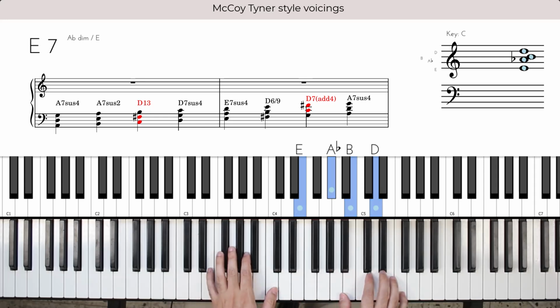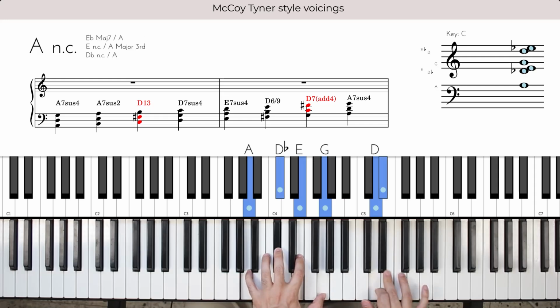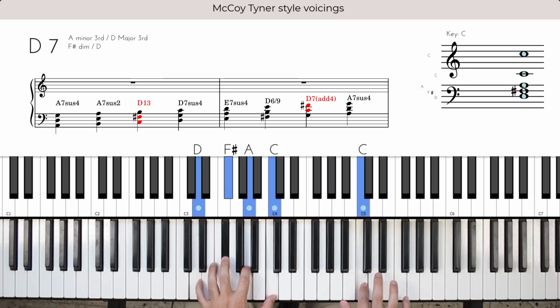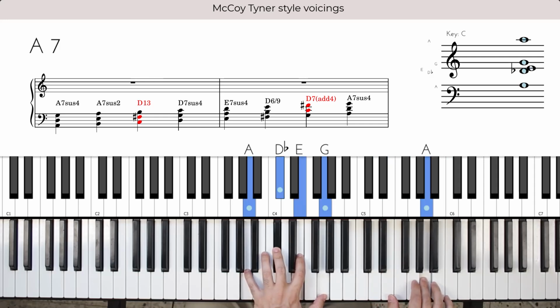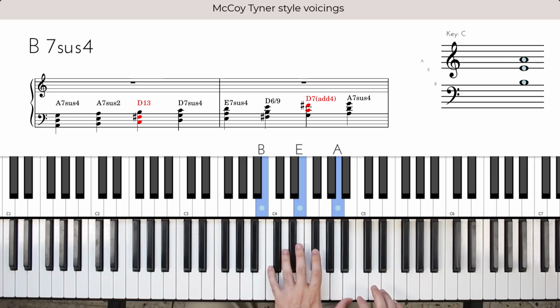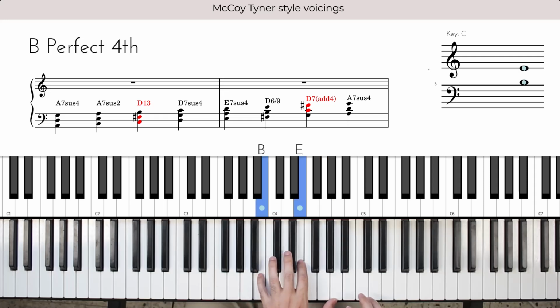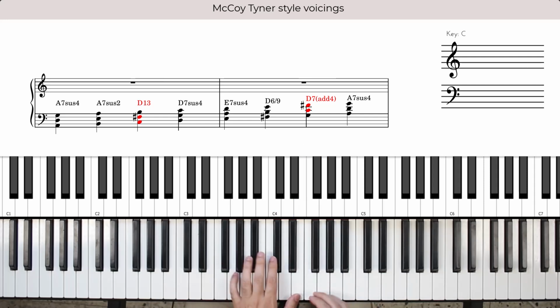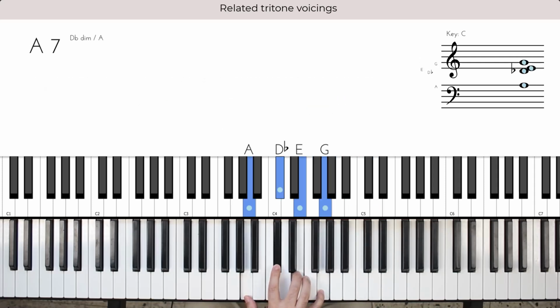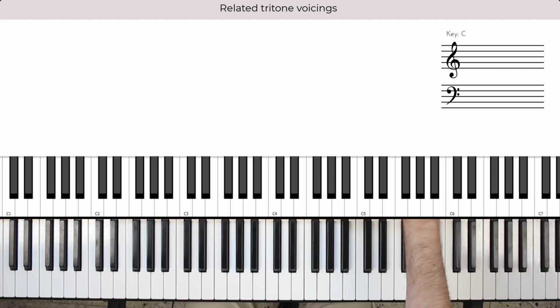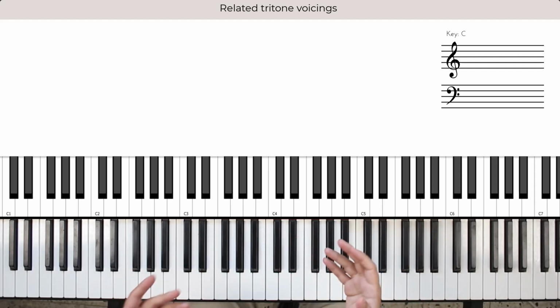And that kind of makes sense if we use the A minor pentatonic or A blues scale, right? So all of these voicings in fourths that we play are really kind of revoicings of the basic blues progression in A.